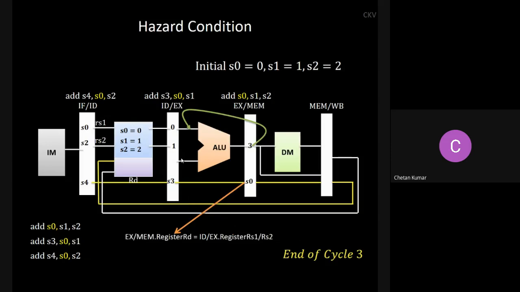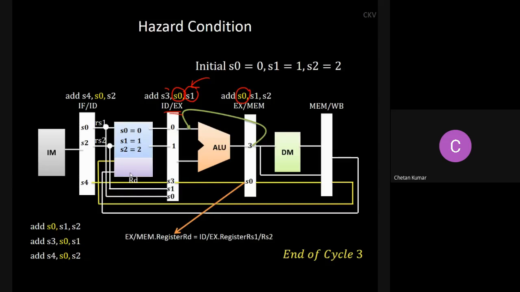I have to slightly modify the data path such that I'll pass my RS1 and RS2 to this ID/EX register also. Why am I doing that? Because I need to know if my destination register is matching with the source field of the next instruction. To be able to know that, I need to store my RS1 and RS2 fields in the ID/EX register also. So I'll be sending my RS1 field as well as RS2 field to this pipeline register.